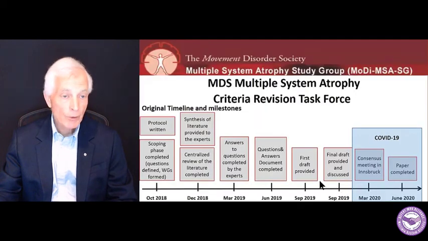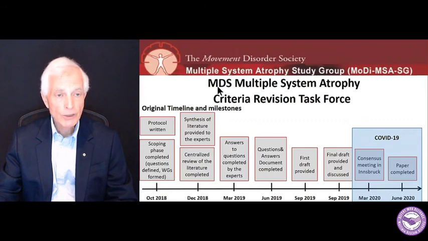Now, what's happened recently is that the International Parkinson and Movement Disorder Society has established an MSA criteria revision task force that started to work a couple of years ago in October of 2018. And over the course of the last 2 years, we've been working hard to develop new diagnostic criteria.